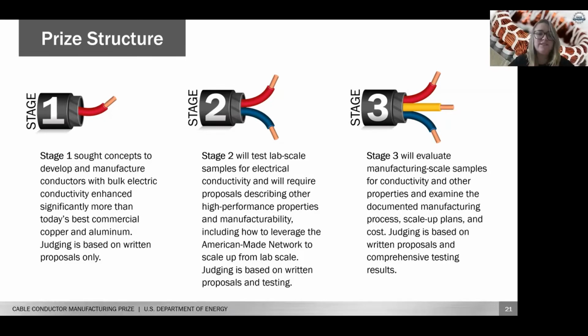For example, in stage 1, initially we didn't think that superconducting materials would be affordable, that would fit under the goals of this prize. However, we learned that due to technological advances, certain superconductors might even be competitive with copper. And we're going to see that and measure that in stage 2. We're going to talk more about that later on, but just as an example of how we're thinking and designing this prize.